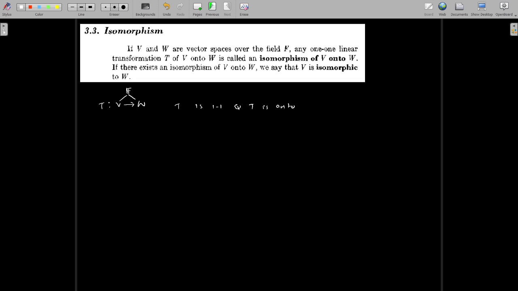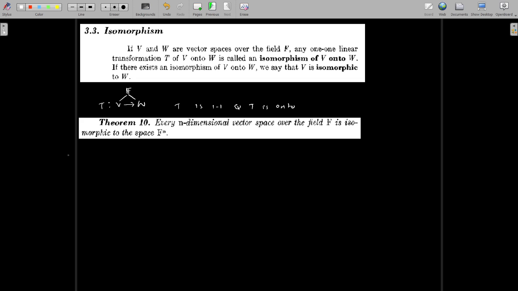Then we can say that this T is an isomorphism. So this is the definition of an isomorphism, and in this section we will prove one theorem, theorem 10.